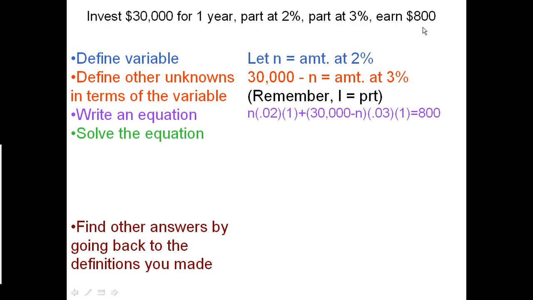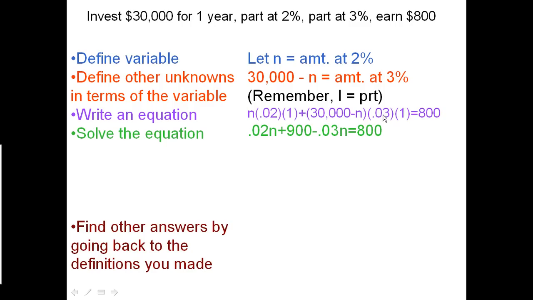Going to solve the equation. Here, this is just going to be 0.02n. Here, I'm going to have some distributive property. You could multiply this first, and it's just 0.03 here because it's times 1. A lot of people are more comfortable taking this 0.03 and putting it to the left. That's perfectly fine.